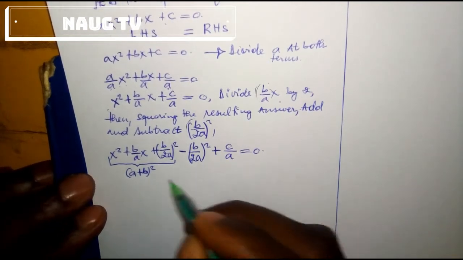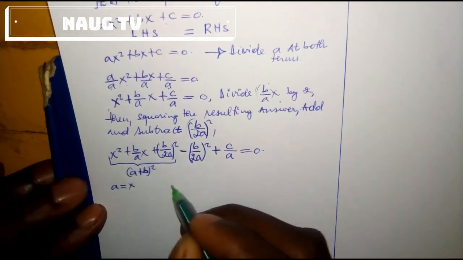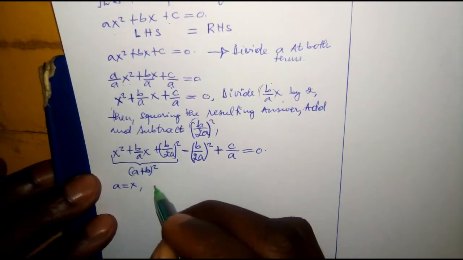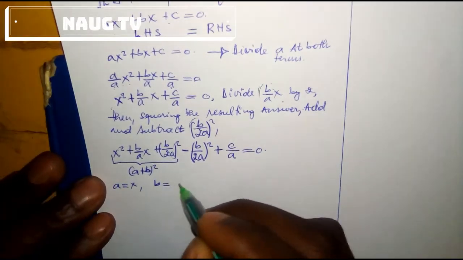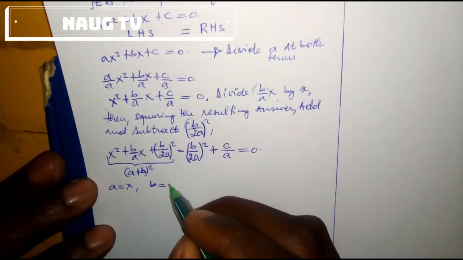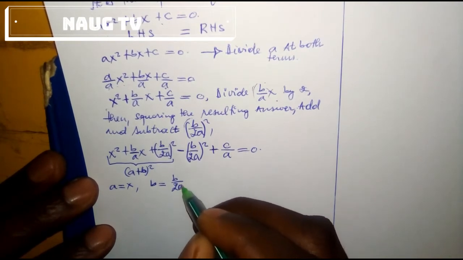Now here we can say a is equal to x and b is equal to b over 2a.